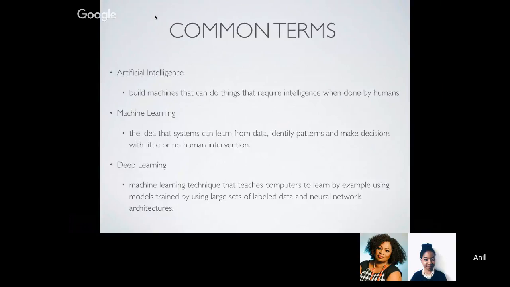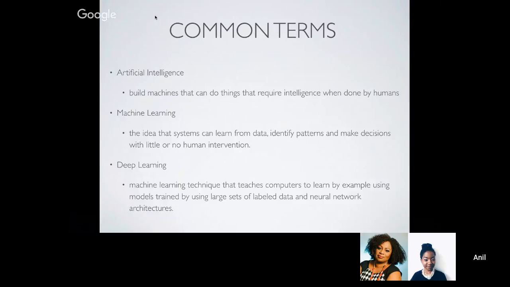You want to teach it using data and identifying patterns so that it could make the kinds of decisions that a human would make, and you want to be able to teach it with little or no human intervention. The idea of machine learning is that you can create a model for a task, teach it to do a particular thing, and it can gather data and keep learning as it goes along.